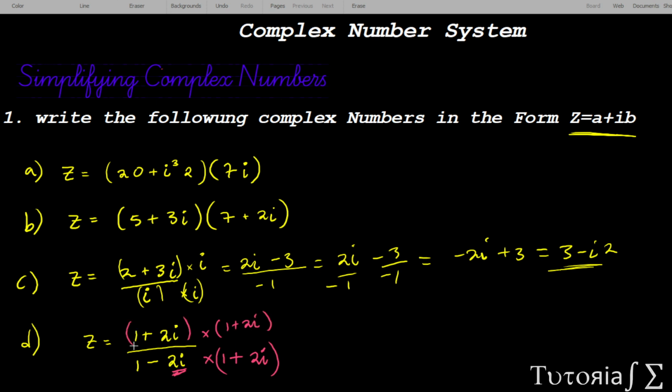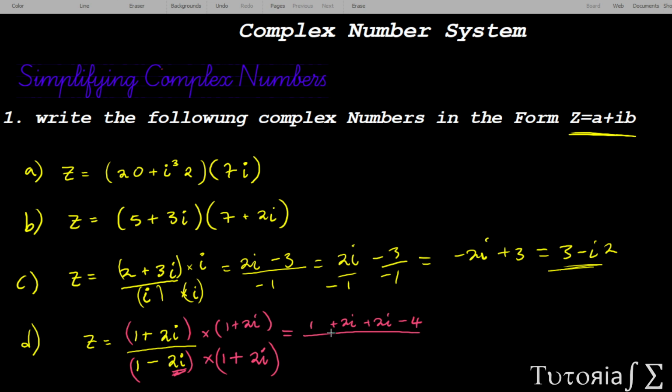Then now we distribute. We say this times everything here. We are going to get 1 times 1, 1. 1 times that, so plus 2i, plus 2i, then minus 4, because i times i will be i squared. So i squared times 2 will be negative 4.